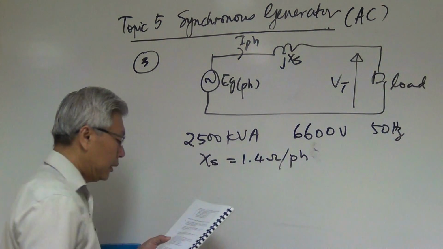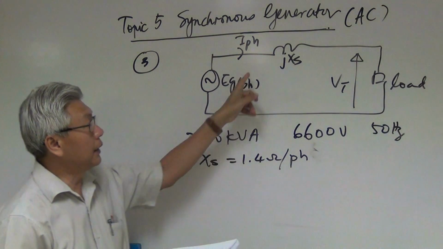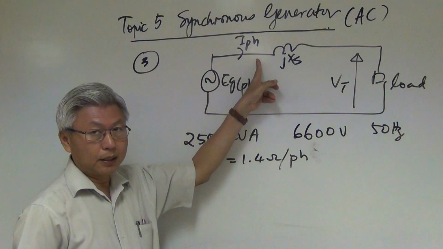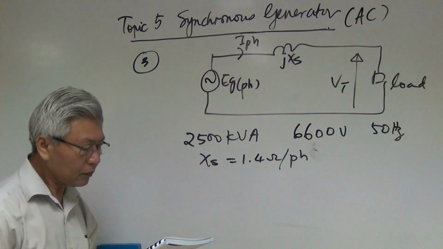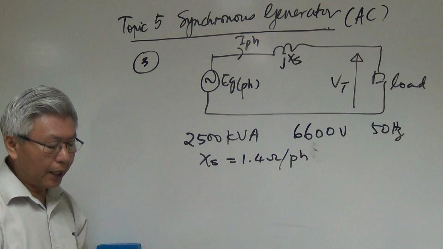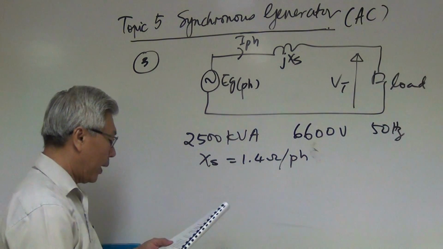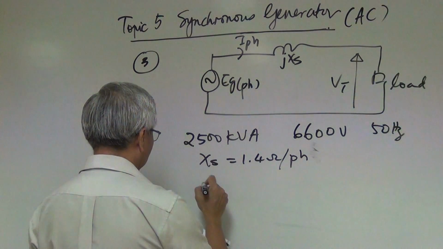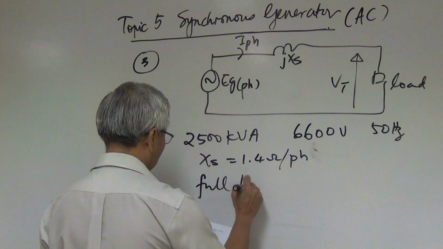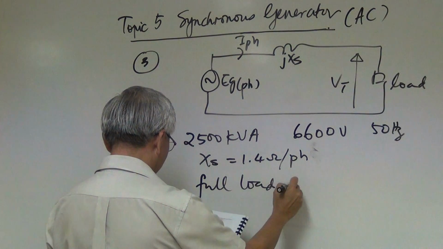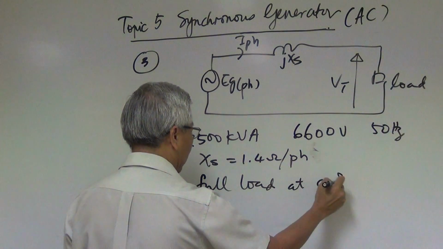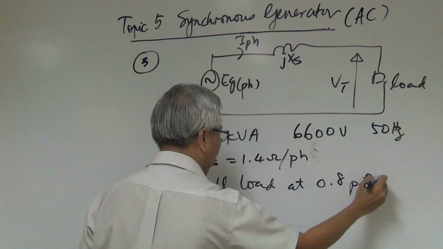The armature resistance is neglected. In other words, there is actually a resistance but it's negligible. Find the generated EMF per phase when it's delivering full load at 0.8 power factor lagging.